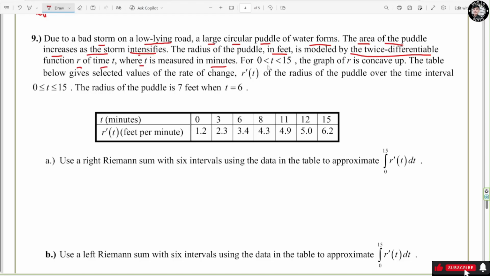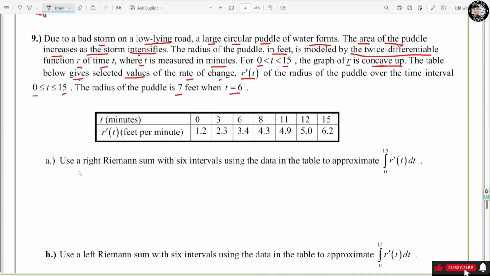For t from 0 to 15, the graph of R is concave up. The table below gives selected values of the rate of change of the radius of the puddle over the time interval from 0 to 15. The radius of the puddle is 7 feet when t equals 6.